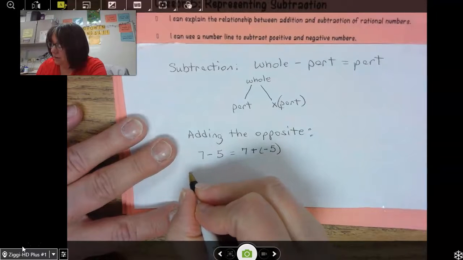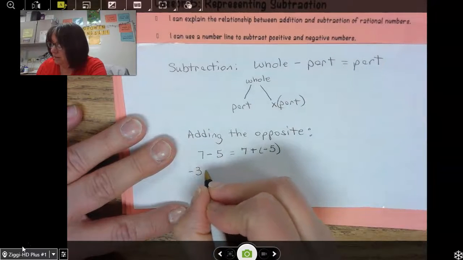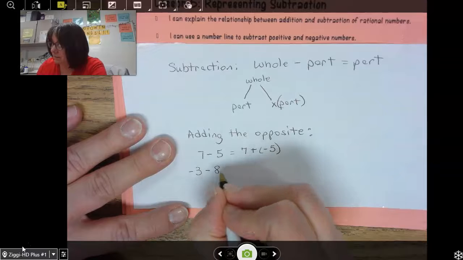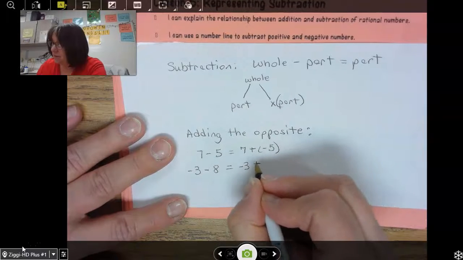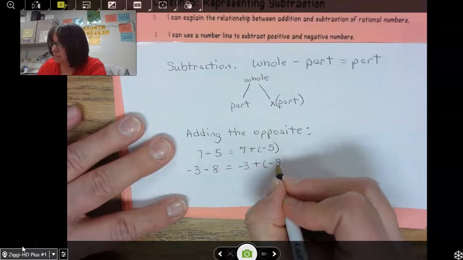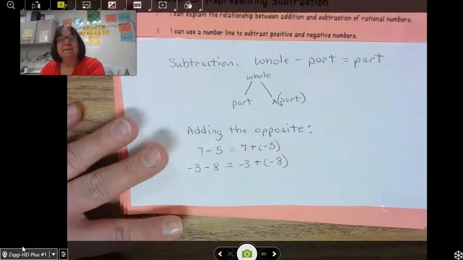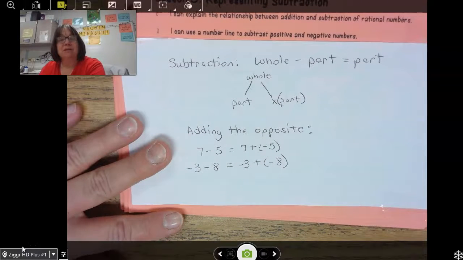Okay, negative 3 minus 8 is the same as negative 3, and we're going to add the opposite. We're going to add a negative 8. They would both be equal to negative 11, correct?